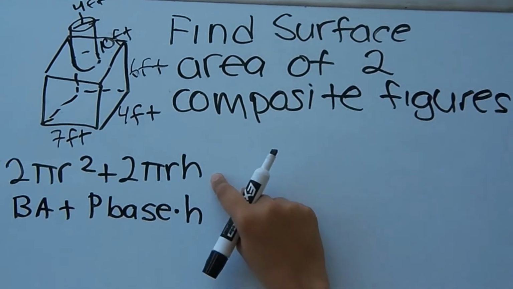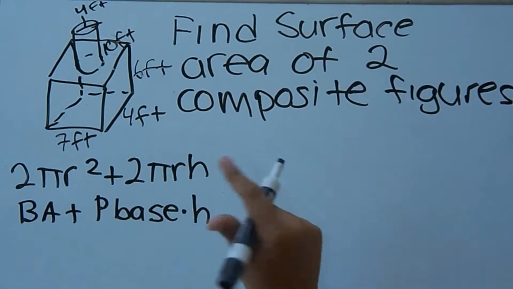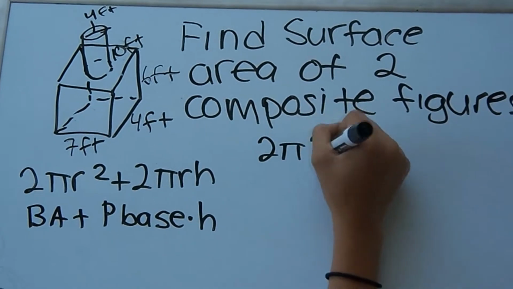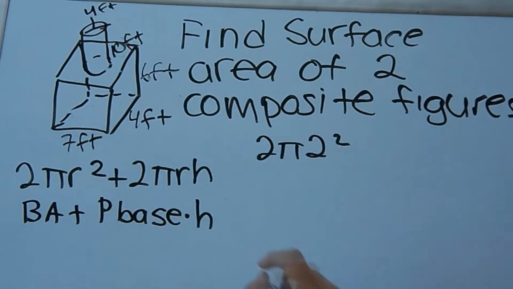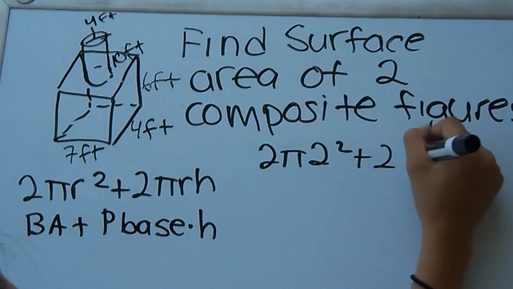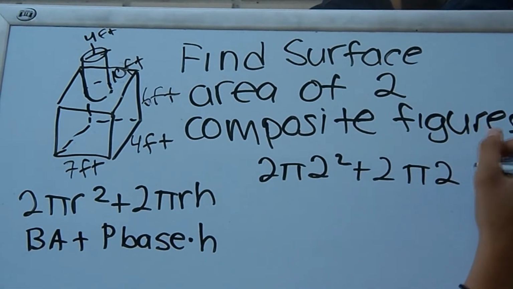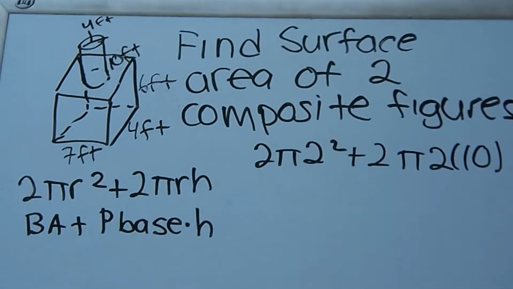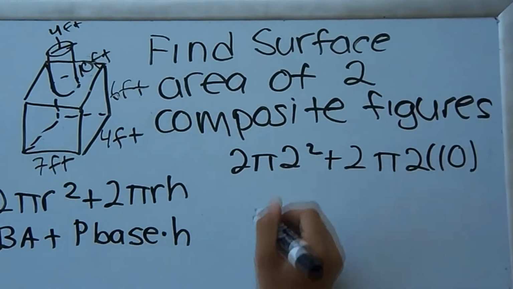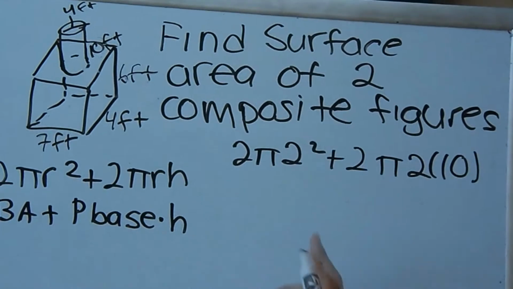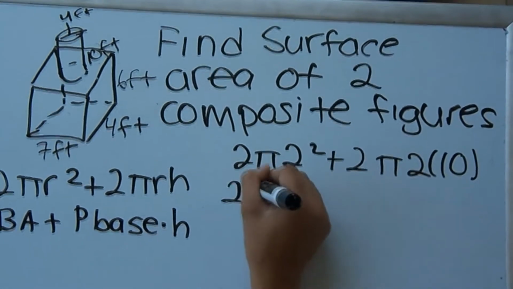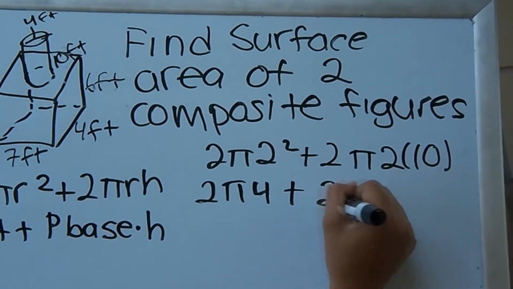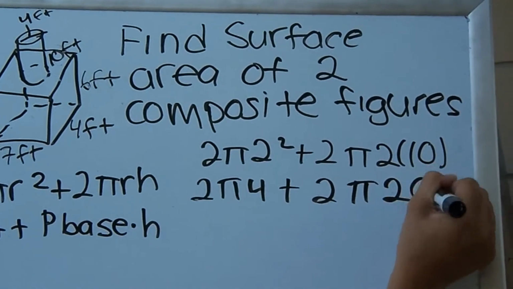First, we're going to find the surface area of the cylinder. So we're going to put 2 pi 2 squared, because you cut it in half, plus 2 pi 2 height, which is 10. From there, we're just going to multiply with your calculator if you want. So it's going to be 2 pi 4 plus 2 pi 20.